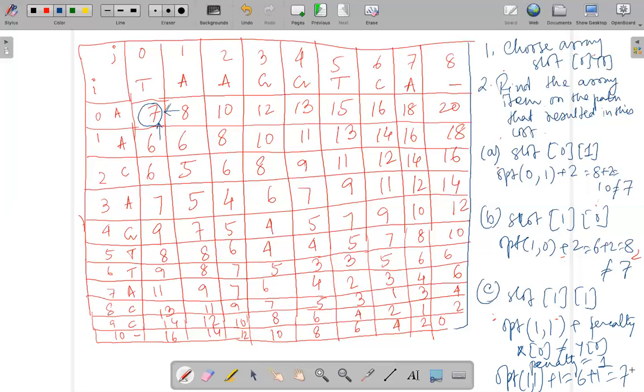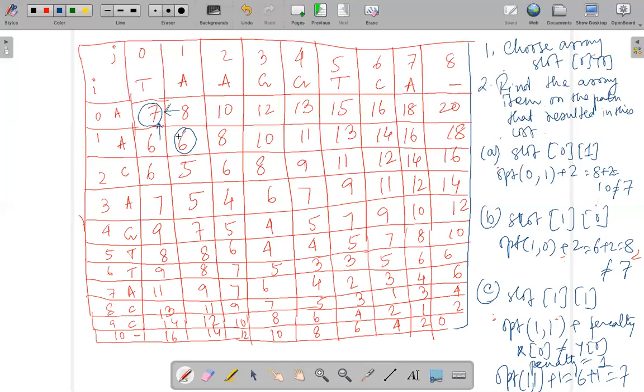So therefore we conclude that we have taken this particular route. From 6 we have obtained 7 by adding the penalty factor 1.